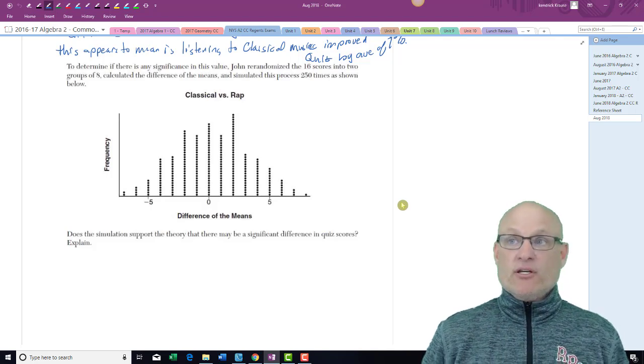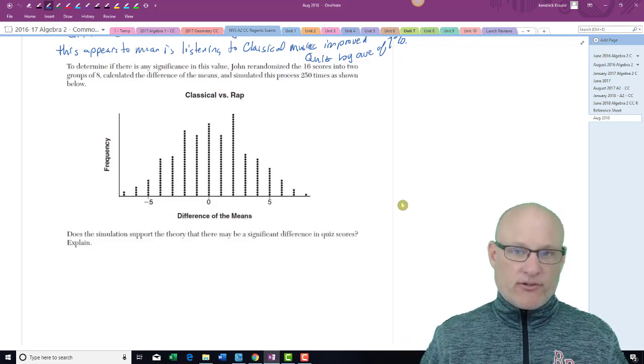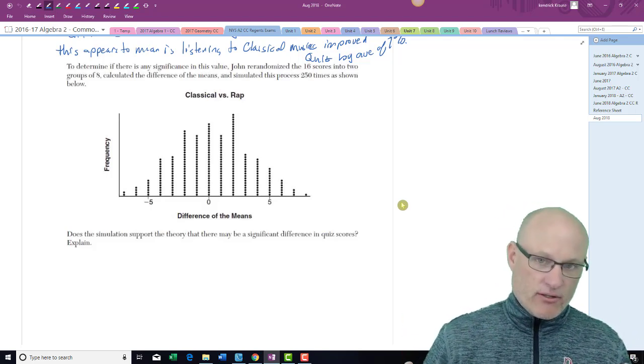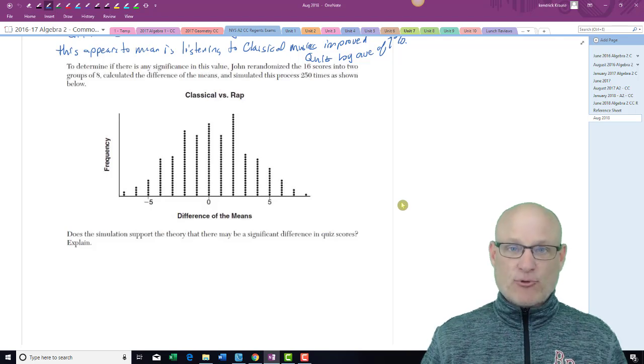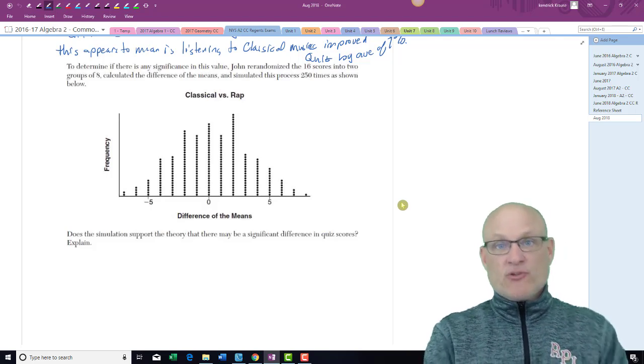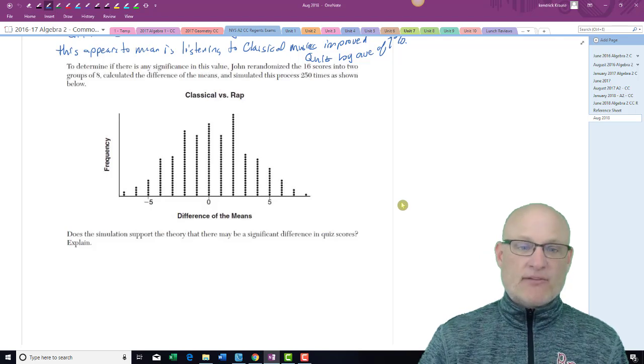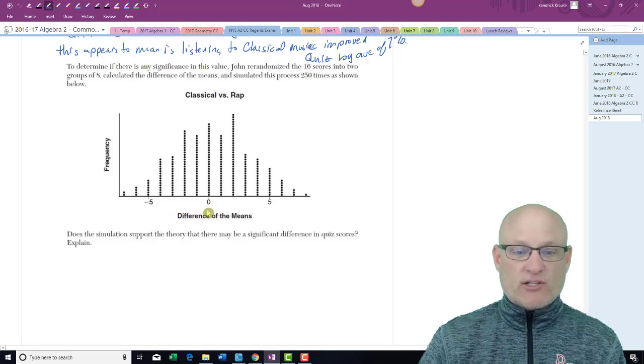In other words, did you accidentally just get all the smart kids in the classical group and all the not smart kids in the rap group and then check their averages? So if he re-randomized it, what he found was it averaged about 0, but it had some margin of error, right?